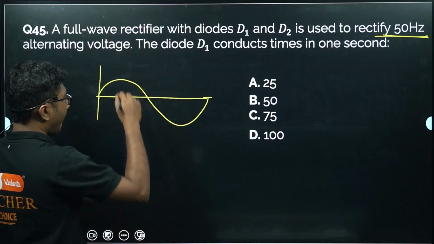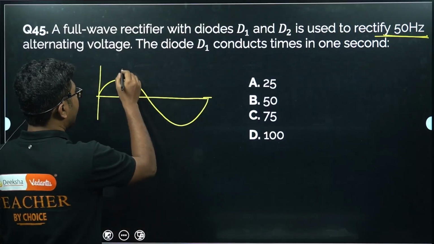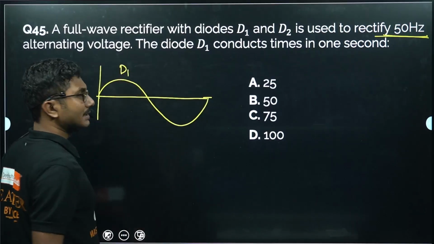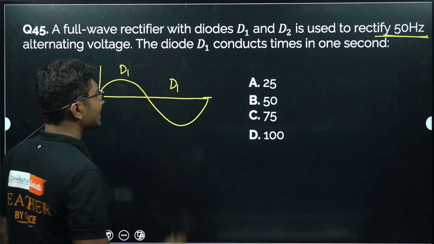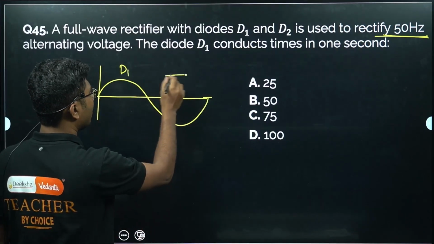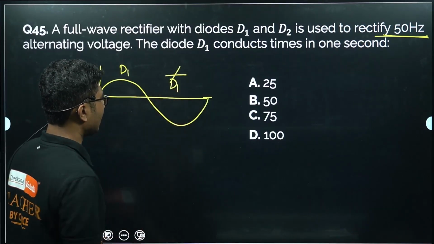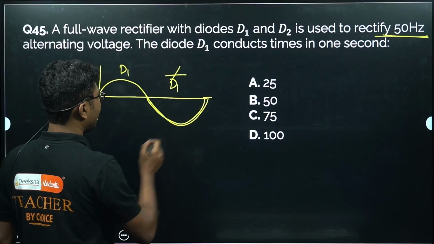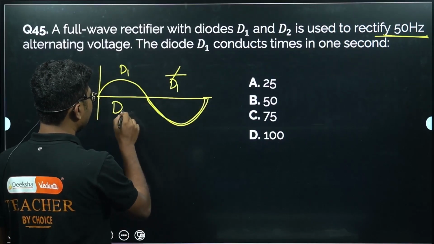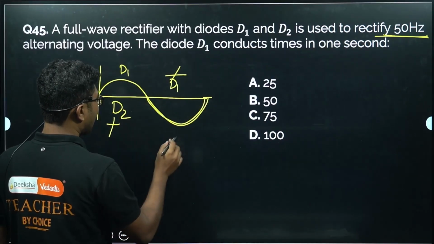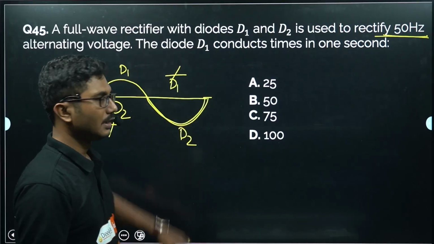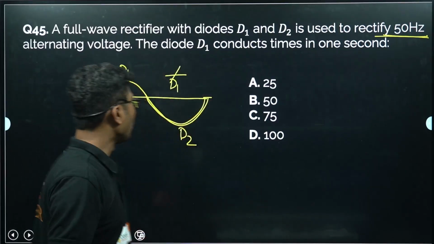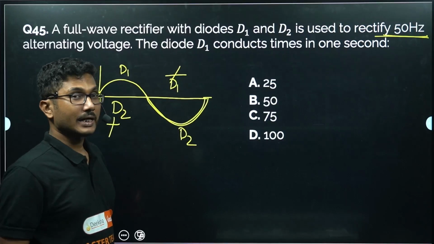Now, suppose diode D1 is forward bias in this case, then diode D1 will be reverse bias in this case. So diode D1 will not conduct any electricity in this phase, okay? Whereas diode D2 will be reverse bias in this case, and diode D2 will conduct in this half cycle, right? So how many times is it conducting current?